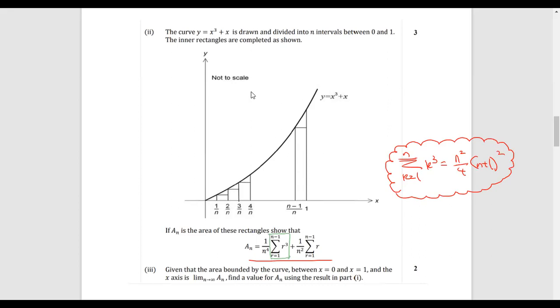So at this point in time, we have an equals 1 over n to the power of 4, the sum from r equals 1 to n minus 1 of r cubed, plus 1 over n squared, the sum of r equals 1 to n minus 1 of r.